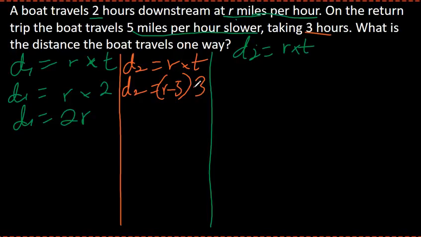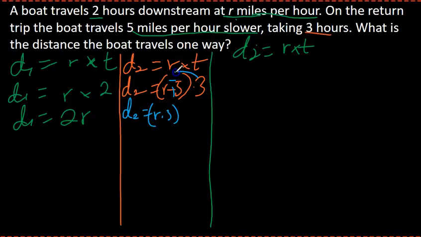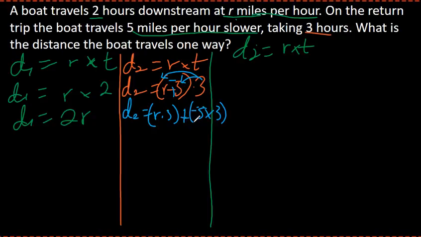Now we need to solve the equation. I will change this to adding its opposite, and then distribute. r times 3 plus -5 times 3. So d2, r times 3 is 3r, plus -5 times 3 is -15.